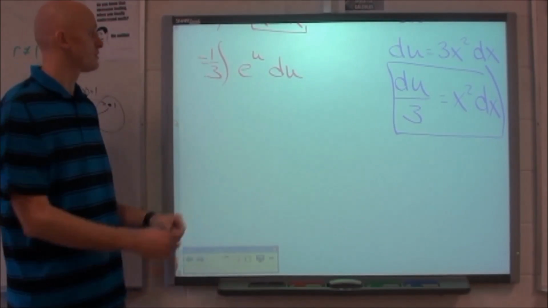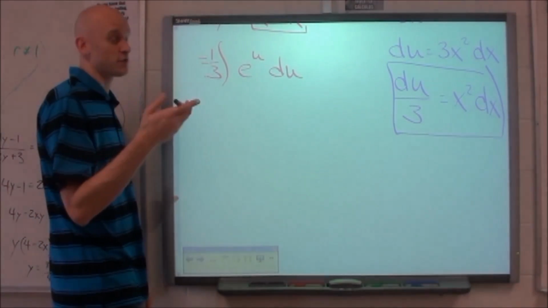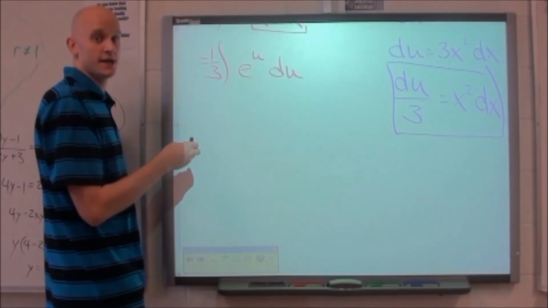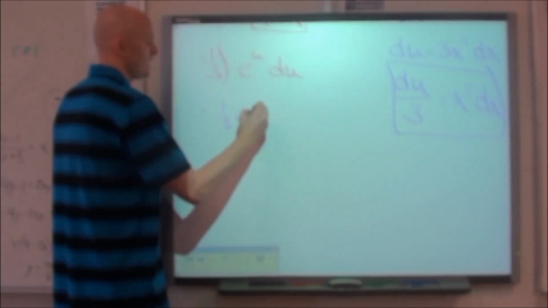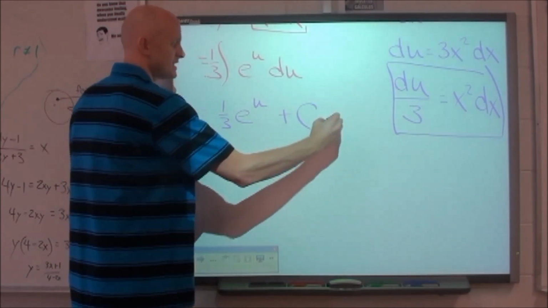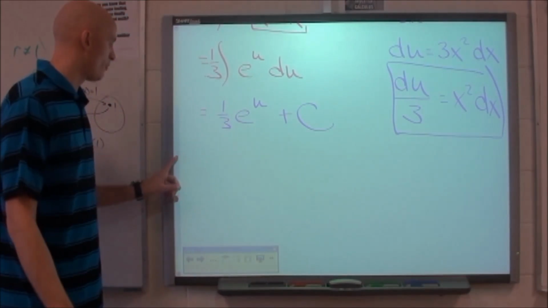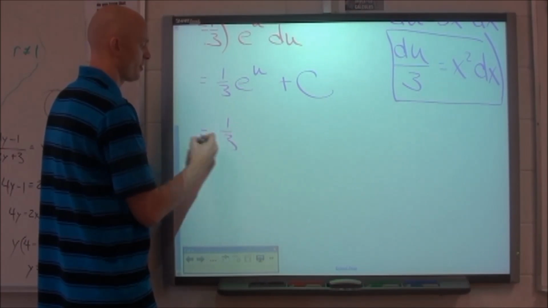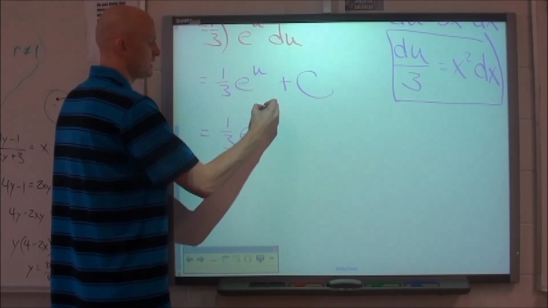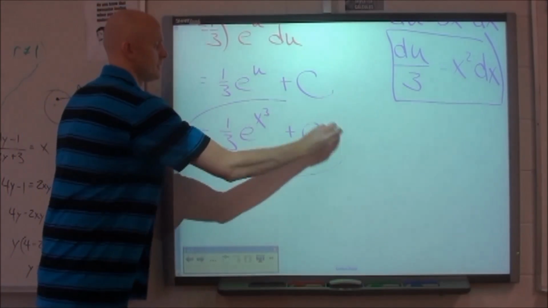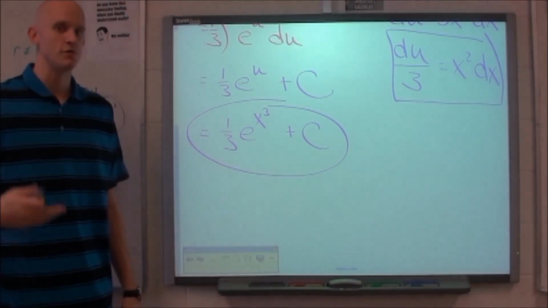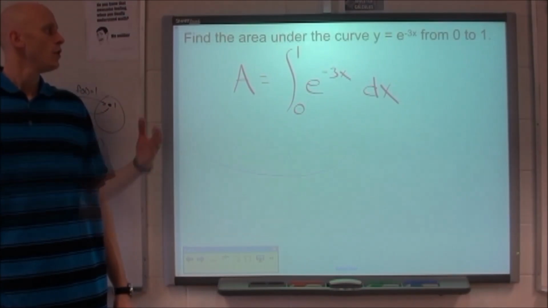For indefinite integrals, we know the antiderivative of e to the u is e to the u. So this is 1/3 e to the u plus c. Plug back in our u, and it is 1/3 e to the x cubed plus c. This is our antiderivative using substitution.